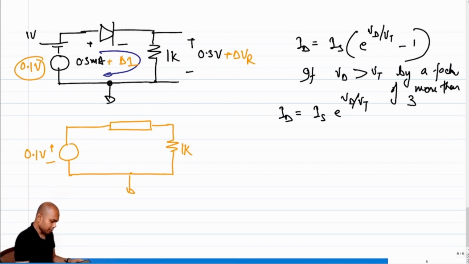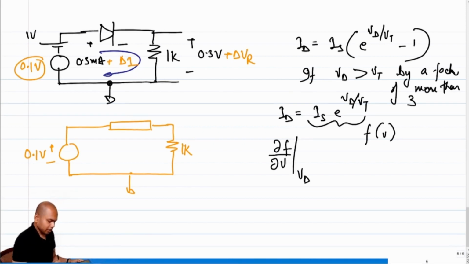So which essentially means that this is the ID-Vd characteristics of the diode. So this is my f of v, right? So what is del f del v?